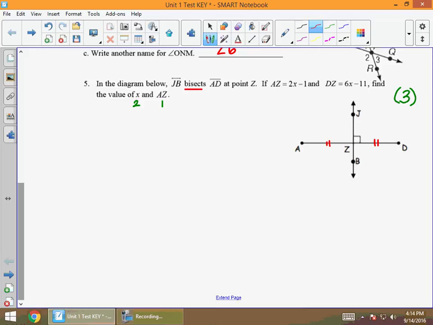So it says that AZ is 2x minus 1, and DZ is 6x minus 11. Find the value of x and AZ. I just said the word bisect means to cut in half, so I will set 2x minus 1 equal to 6x minus 11.